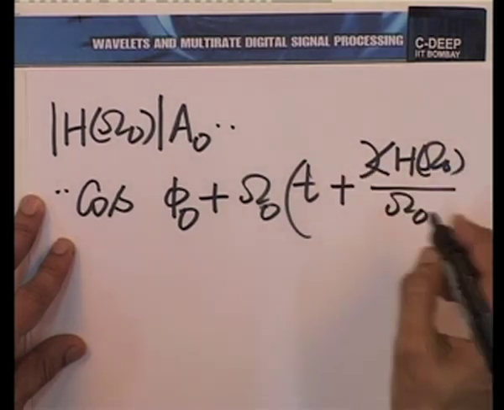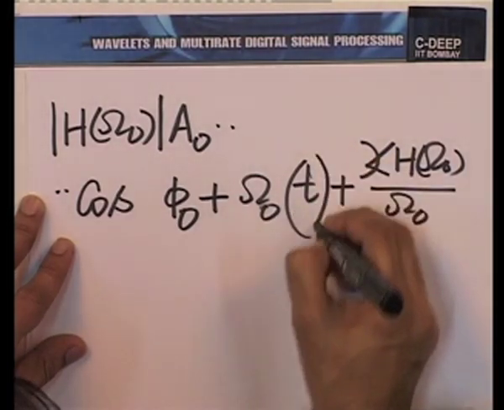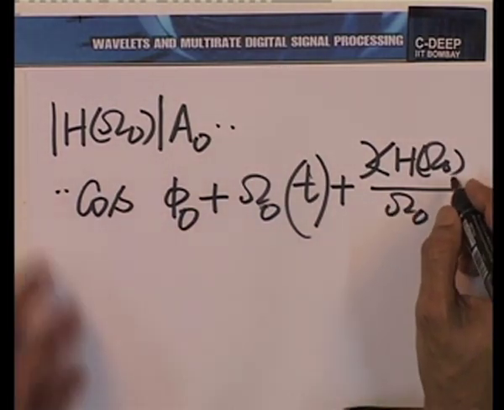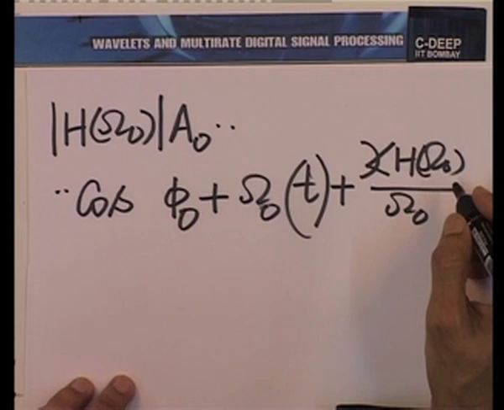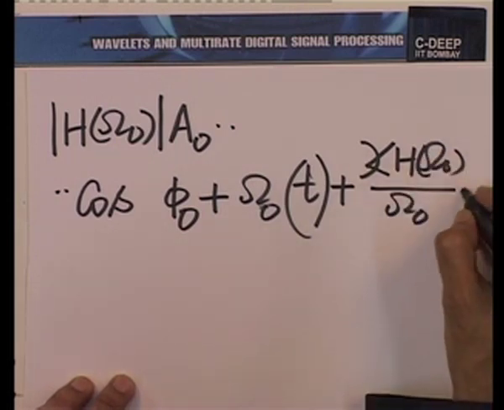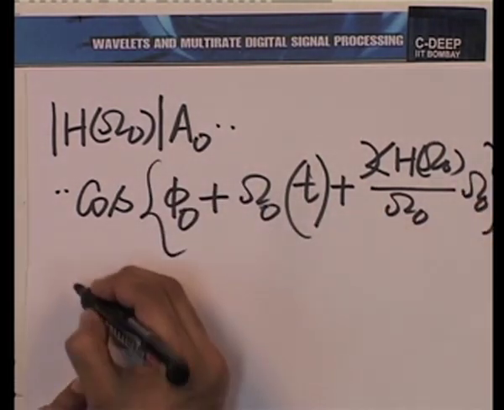I am sorry, I will write omega naught times t plus this. So, again you have angle here. So, this into omega naught, I will write it this way. So, now I can rewrite.